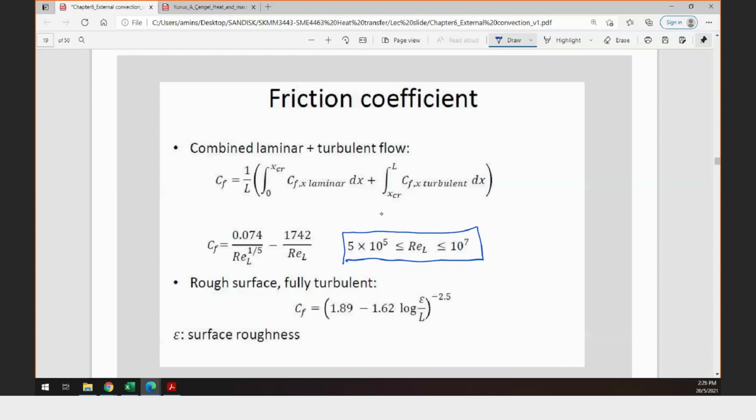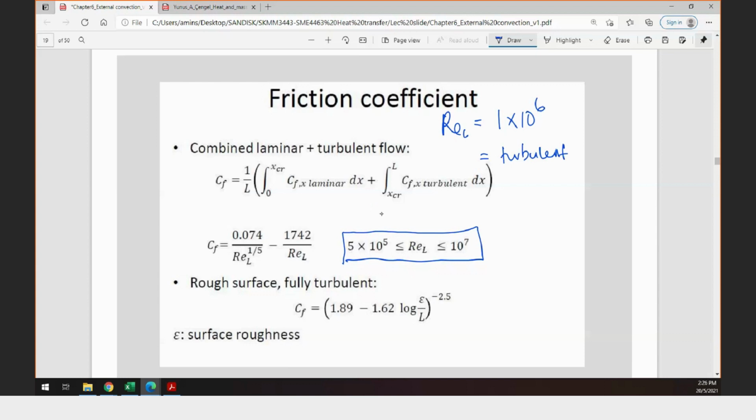You have to remember, even though let's say you calculate Reynolds number equal to 1 times 10 to the power of 6, which you say is turbulent, then we should use the turbulent one. But why is there a laminar term in this equation?